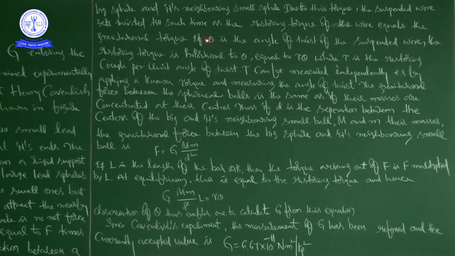So from here to here, he is talking about how the restoring torque is proportional to theta, which is equal to tau theta. What does tau mean? It is the restoring couple per unit angle of twist. And he is also saying that tau can be measured independently, for example, by applying a known torque and measuring the angle of twist.